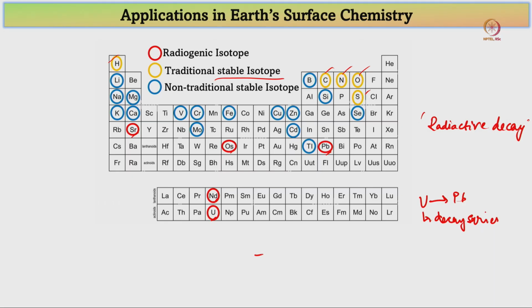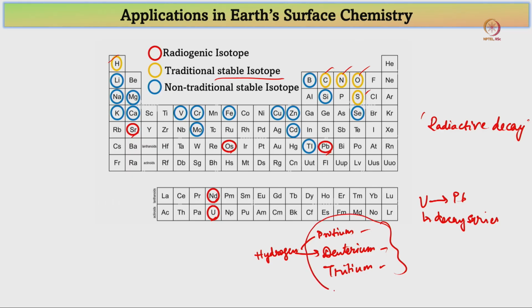For instance, hydrogen will be in the form of protium, deuterium and tritium, and their abundance is not related to any kind of radioactive decay, they are just there. They are all stable isotopes and their occurrence is fixed in nature, and is not due to any kind of radioactive decay phenomenon. It is just how they are present in nature.